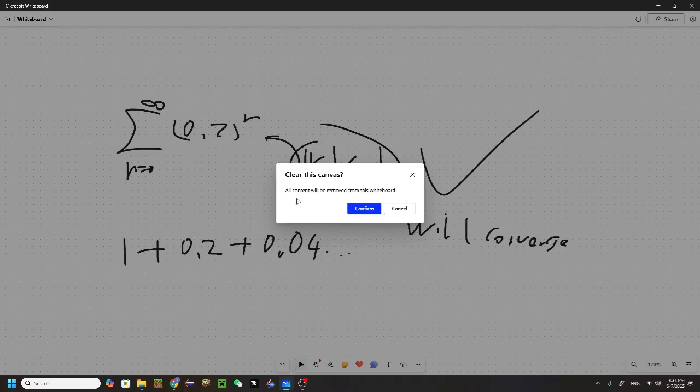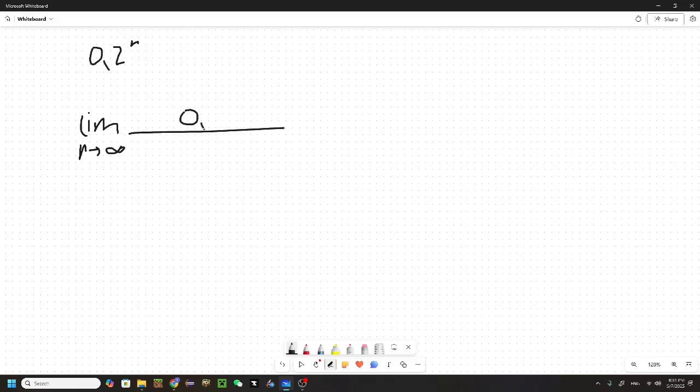Okay, let's clear this because I used way too much space. So we know 0.2^n, and we can take the ratio test for this. So the limit as n approaches infinity of 0.2^(n+1) divided by 0.2^n. I think we're all familiar with this at this point if you've been watching the video.